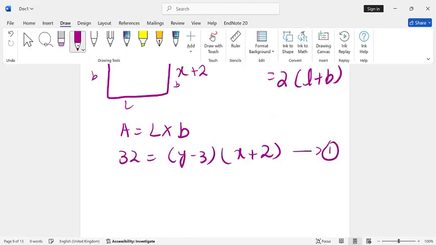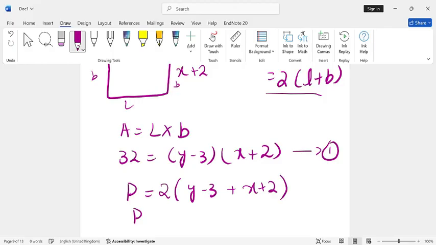All right, now we have the perimeter p, which is p equals 2l. We have 2l, where l is y minus 3, and b, we put the value of b, which is x plus 2, okay?